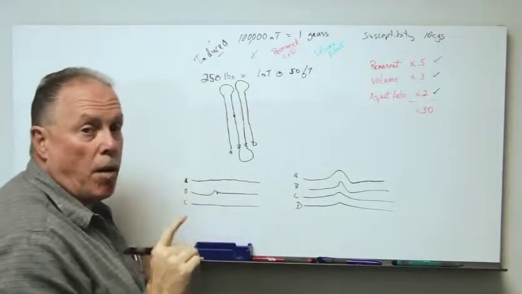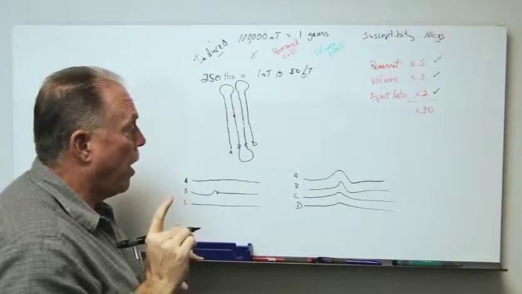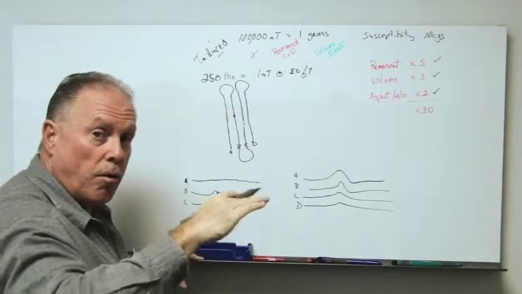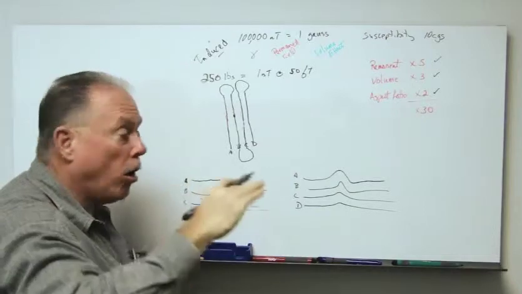But the transverse gradiometer improves this by giving us the slope of the magnetic field along the line.